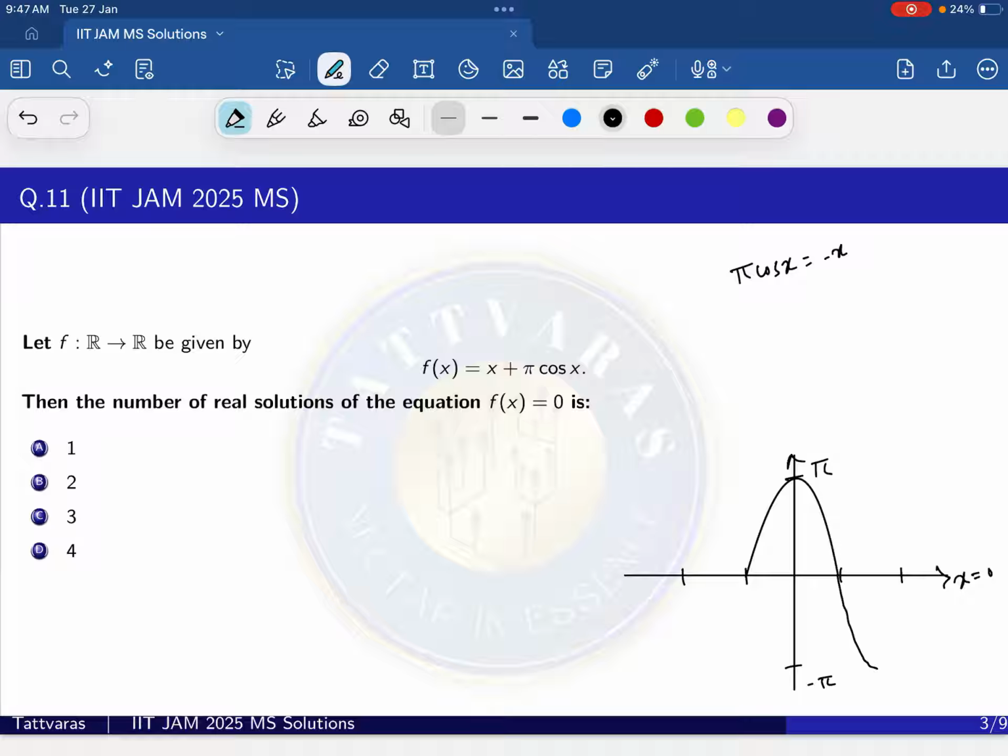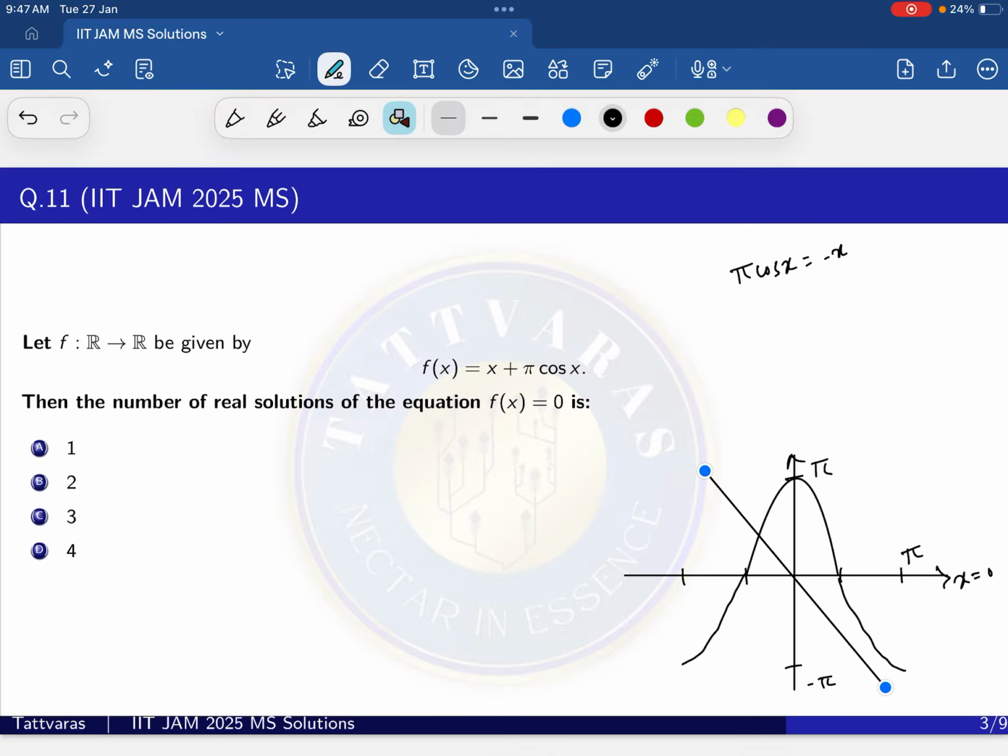Then if you move towards this side, it will gradually go down, so if this is pi, then this will be -pi. Similar for this side, and the line y = -x is something like this. Now there are many things that can happen.